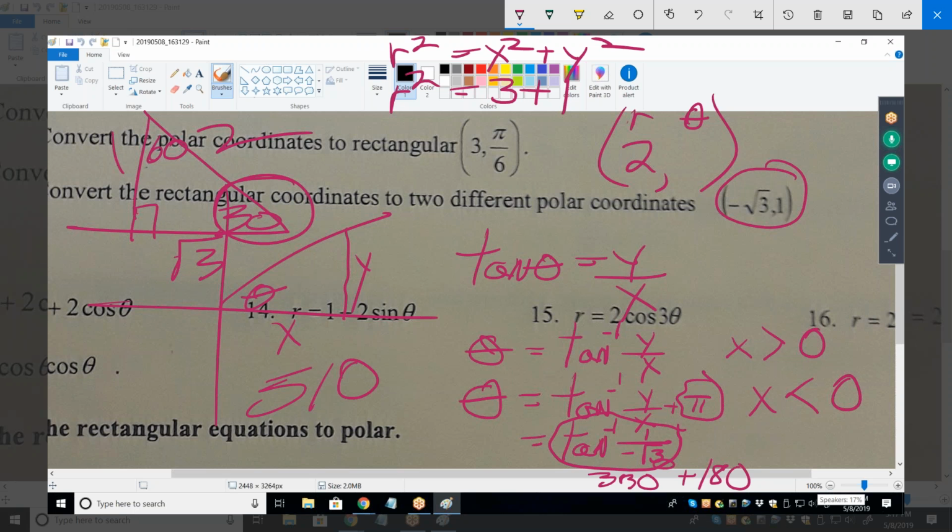Well, that's not inside the unit circle. How do we make 510 degrees inside the unit circle? You subtract 360, which gives us 150. So theta is 150 degrees.